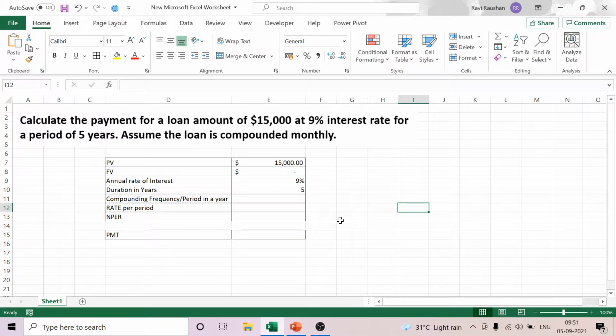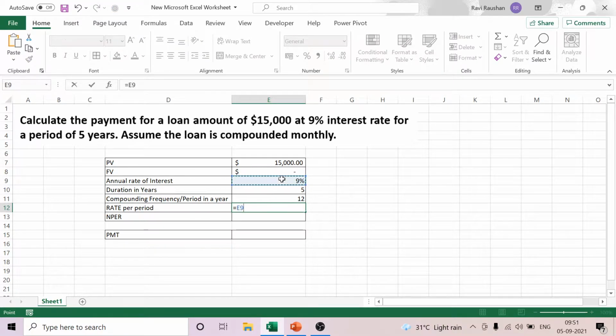So compounding frequency in a year in this case is 12 because it is compounded monthly. So 12 times it will be compounded. So your rate per period becomes this 9% divided by your compounding frequency. You can convert it into a percentage.